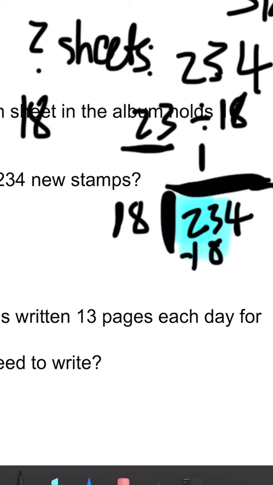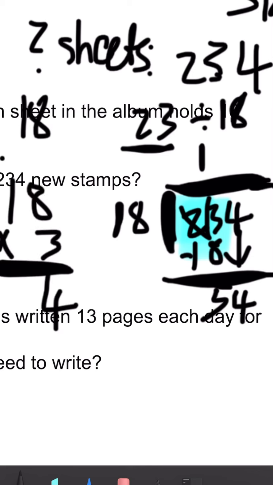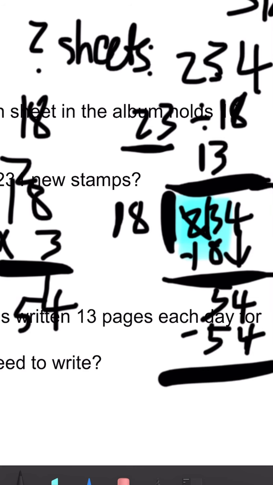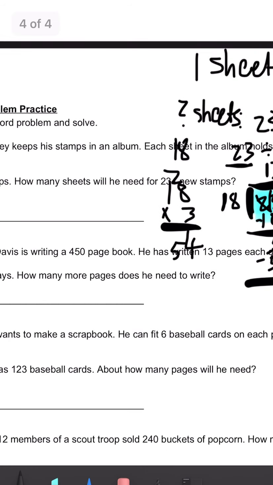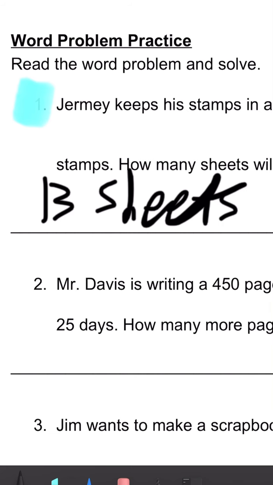So 23 minus 18 is 5, bring down the 4. 18 times, we can try 3. 18 times 3 is exactly 54, so we subtract that and we get 0. So he needs 13 sheets, and don't forget the units.